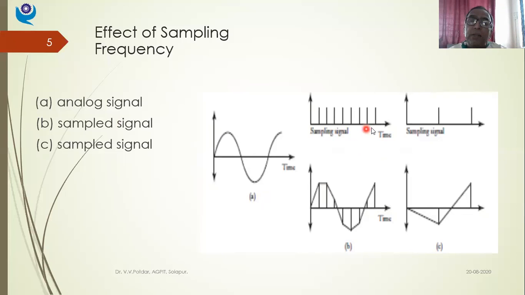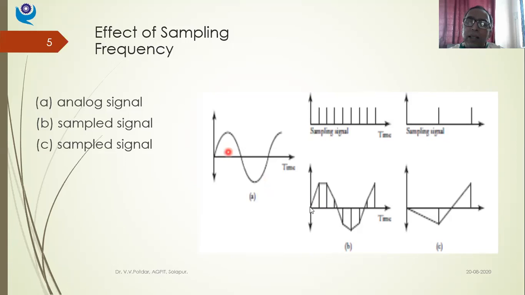Now, as you can see, in a finite time I have got so many pulses, so the sampling frequency is a bit higher. When this is superimposed on the analog signal, I have smaller chops of my analog signal. Ultimately what I get is a sort of pulse train which is more or less similar to my analog signal.